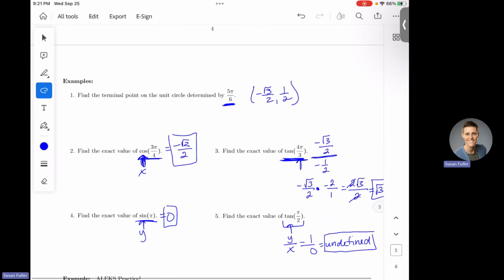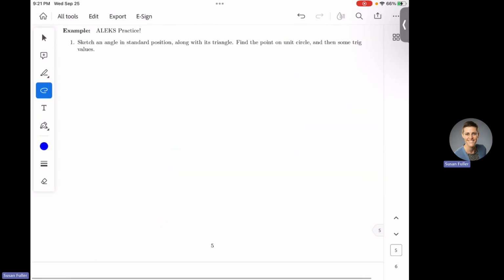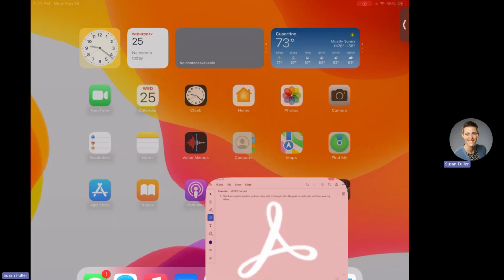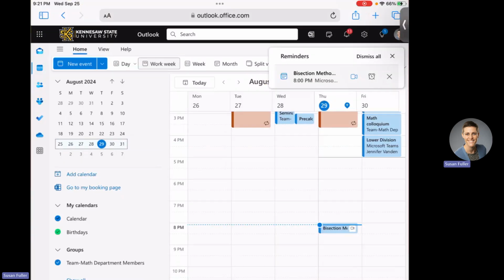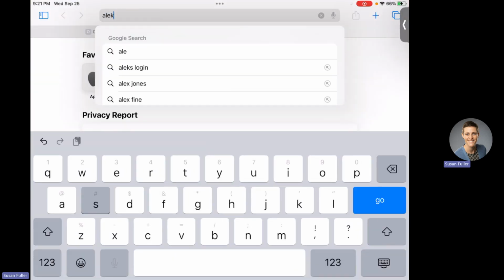Okay. So I wanted to do some ALEKS practice. I don't know if I'm going to be able to do this. I'm going to try and we'll see what happens.